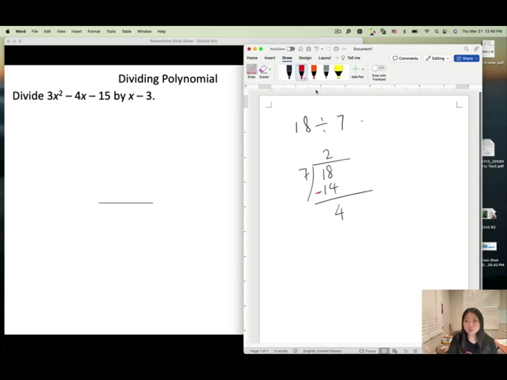So I want you guys to remember those names. First, what is the 18? 18 here, we call this the dividend. Okay, dividend. And then the 7 here, we call this the divisor.